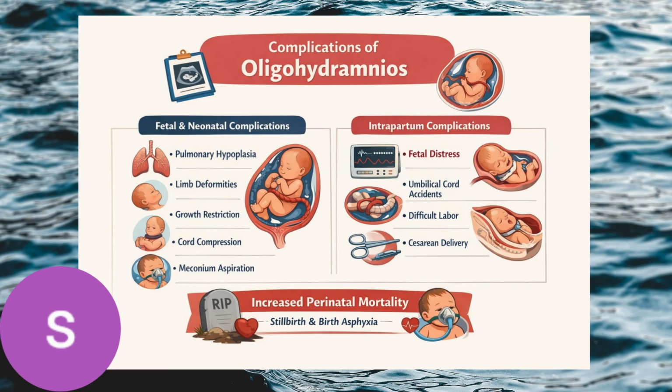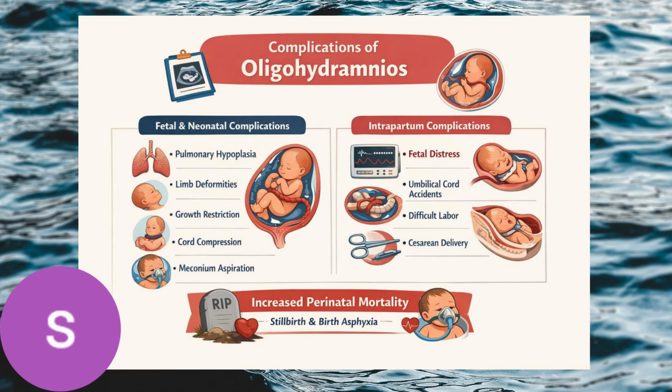Prolonged oligohydramnios may lead to pulmonary hypoplasia, particularly when it occurs early in pregnancy, like Potter syndrome. Restricted fetal movements can result in limb deformities and contractures as well as facial compression defects. There is also an increased risk of meconium aspiration syndrome, low Apgar score, and stillbirth.